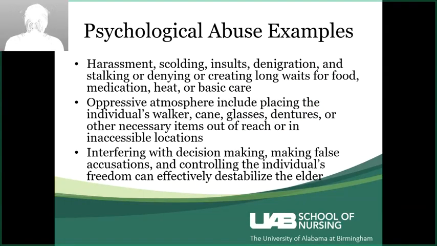Harassment and scolding, insults, degradation, oppressive atmosphere, including things like taking a walker and putting it out of reach, taking glasses so they can't see, not providing oral care, interfering with decision making. All of it is a controlling behavior and it's emotional abuse.